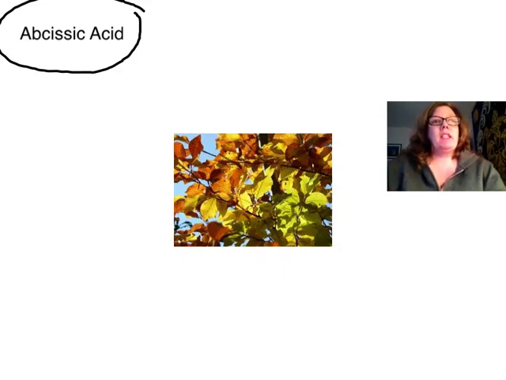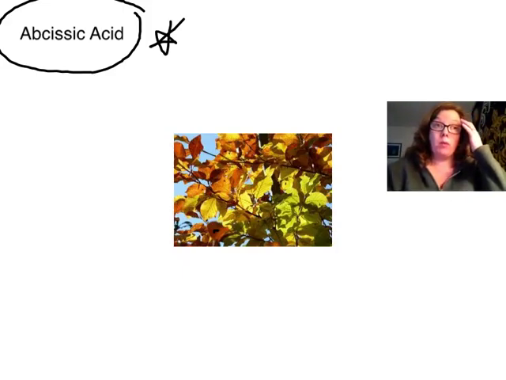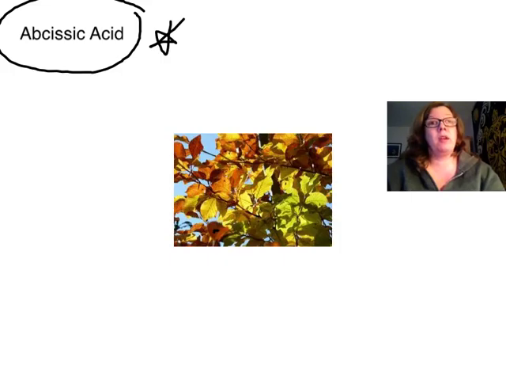So if it gets toward fall and the plant tries to flower, abscisic acid gets produced, and it is going to shut down all those flowering hormones that the plant wants to try to produce. It will also turn off auxin and cytokinins and gibberellins. It'll turn off all of those and force the plant into a dormant state for the wintertime.